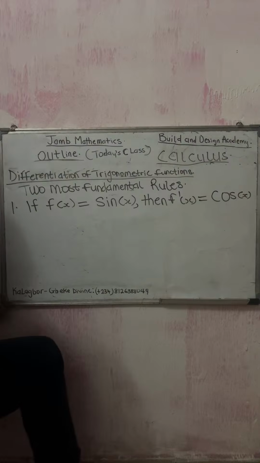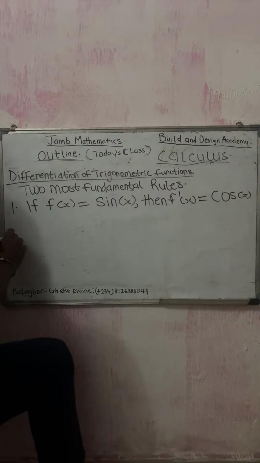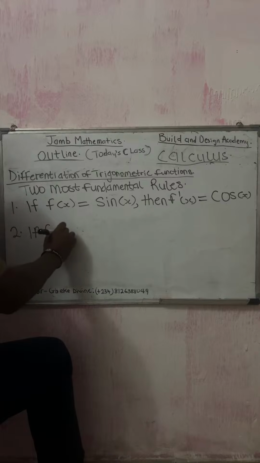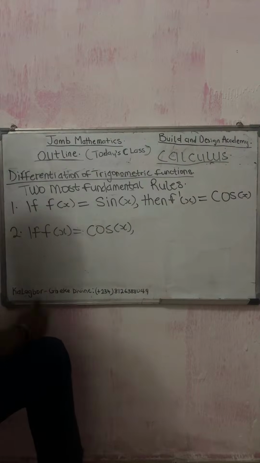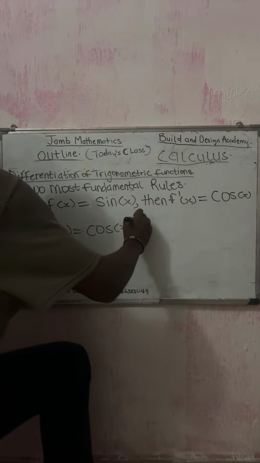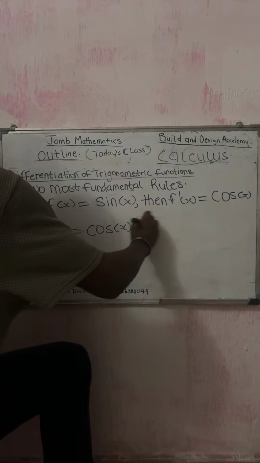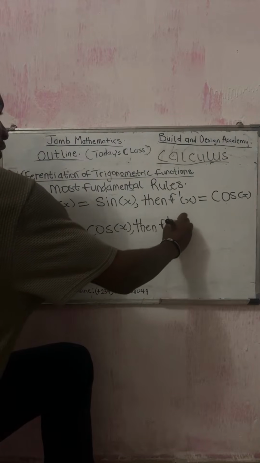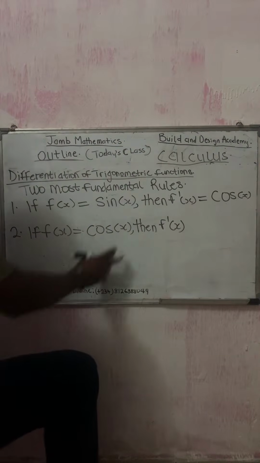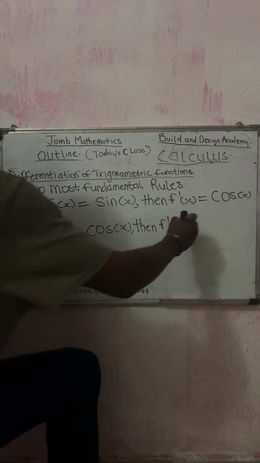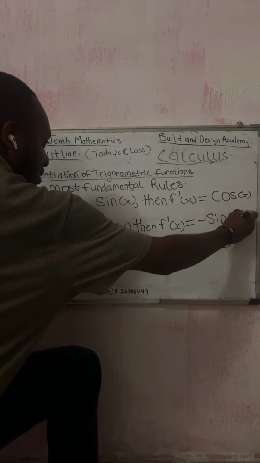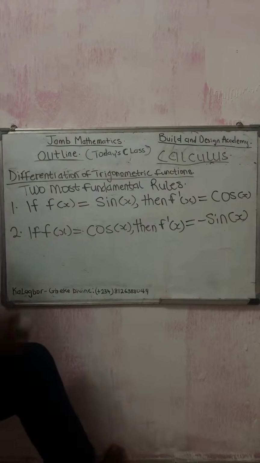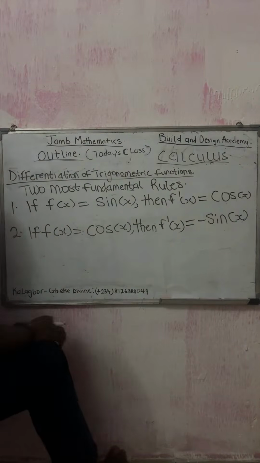That's the first rule. And the second rule states that if f of x is equal to cos x, and we want to differentiate, then the first derivative of f of x in relation to cos x will be equal to minus sine x. Please write this down. Write the both of them down.